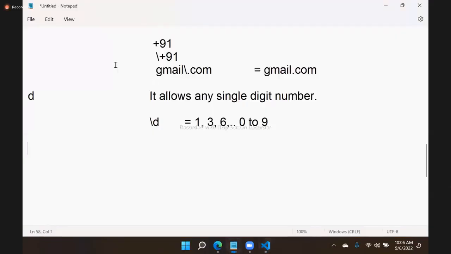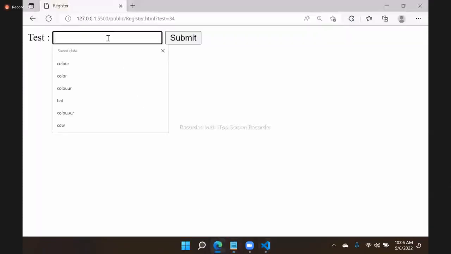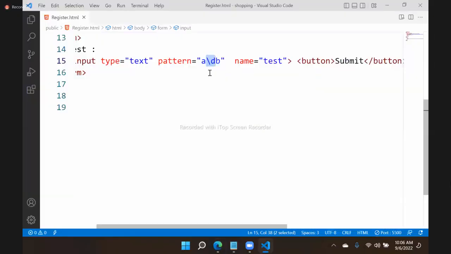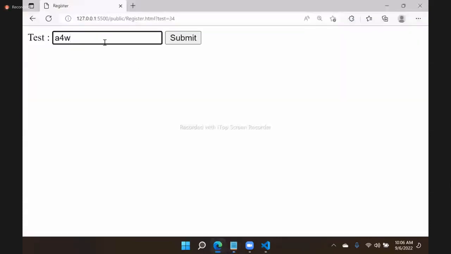Suppose I write A 4W and submit, it is not allowing. Why? Here we allow only B. That means we need to enter only B. Then enter, it's okay.